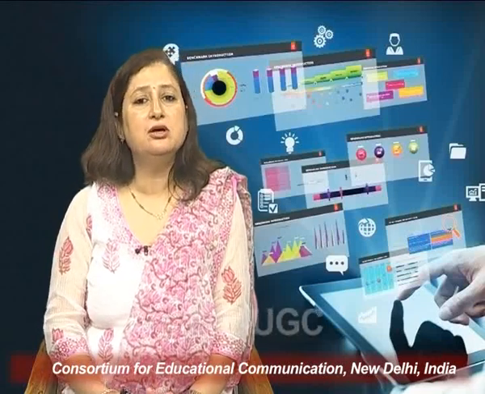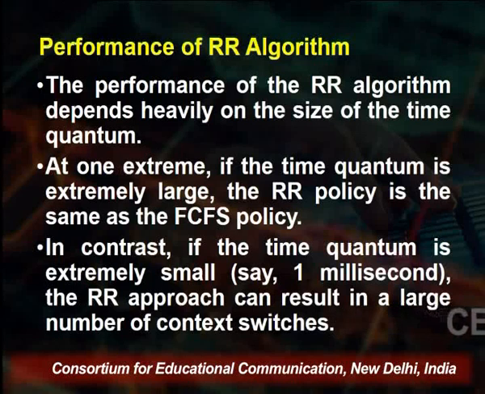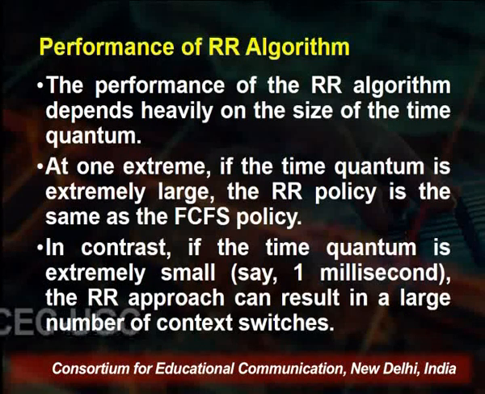Now, also the performance of this algorithm will be very highly dependent upon the size of the time quantum. If you keep it extremely large, then your round robin is nothing but an FCFS policy. Why?